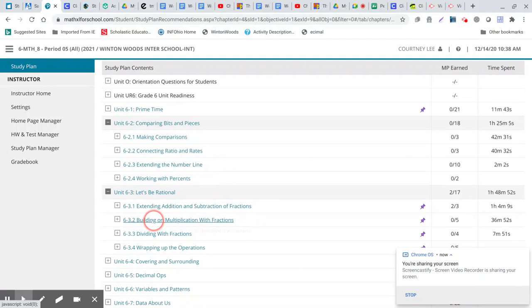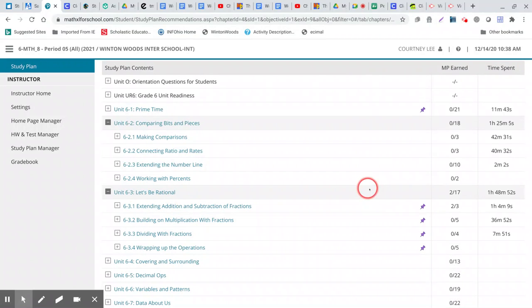So for the Let's Be Rational, please complete the first 3 and the next 5, so 8. You do not have to do all 17. So make sure you start with comparing bits and pieces since that was unit 2.